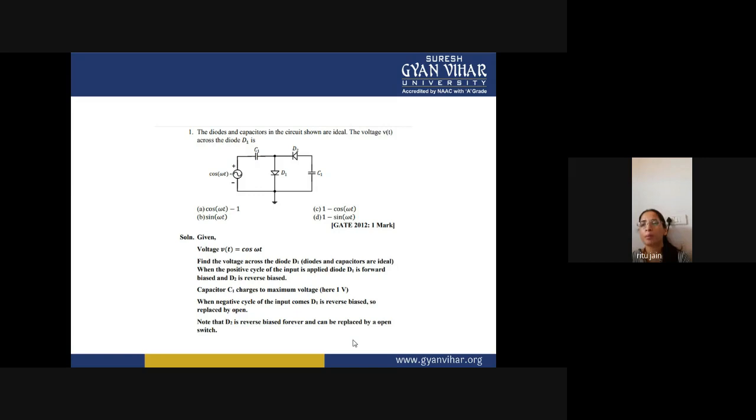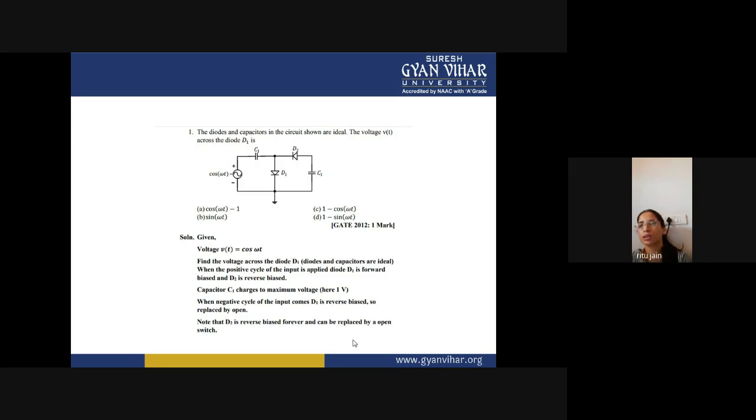Because when you apply the positive half cycle, diode D1 is in forward biasing. When you apply the negative cycle, diode D1 will be in reverse biasing.